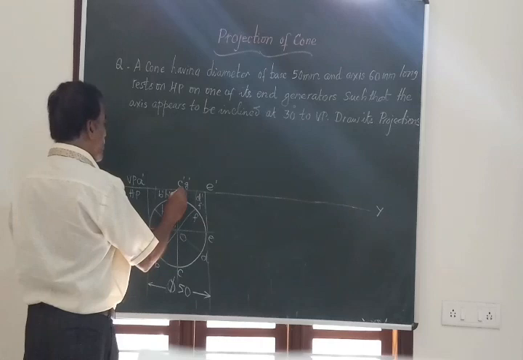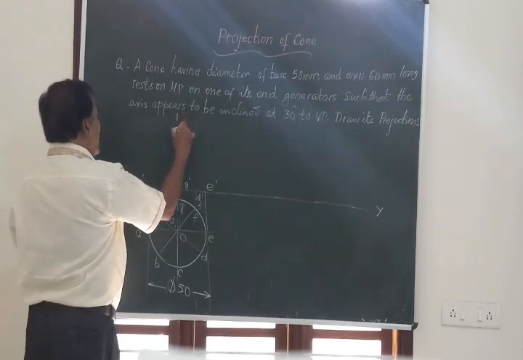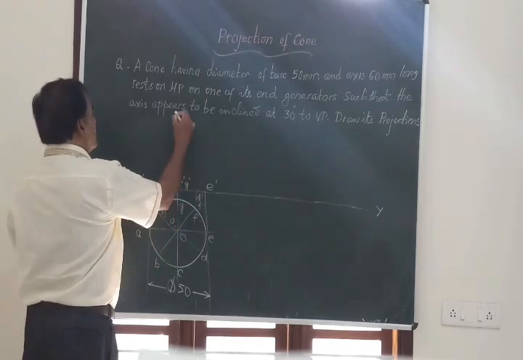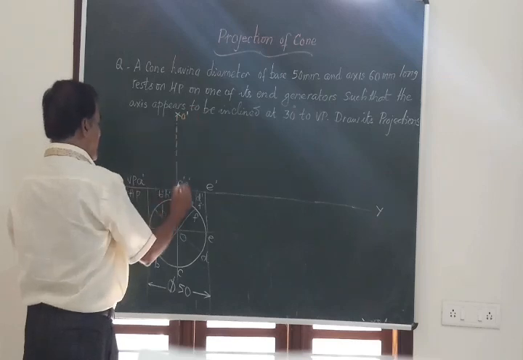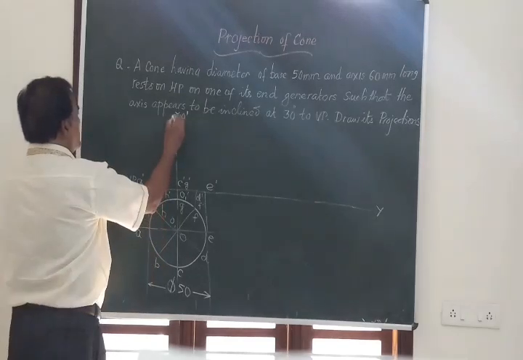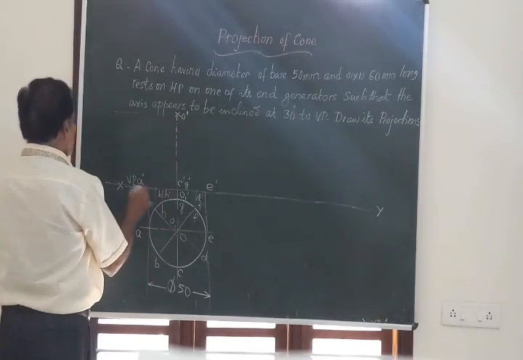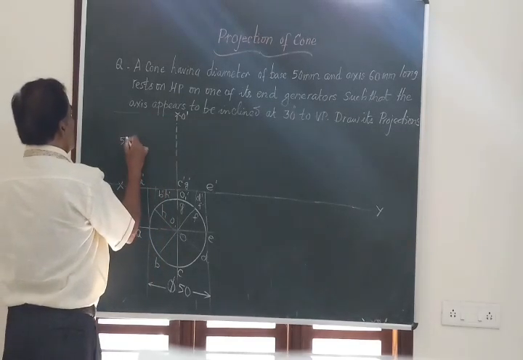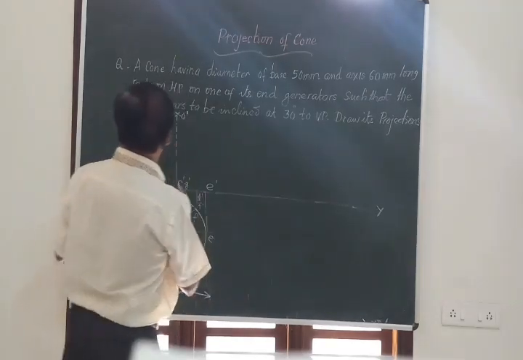From the center O1 dash, I draw the axis, that is O dash, O1 dash, of height equal to 60 mm, not 50.